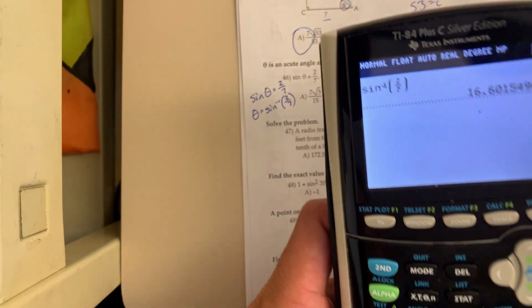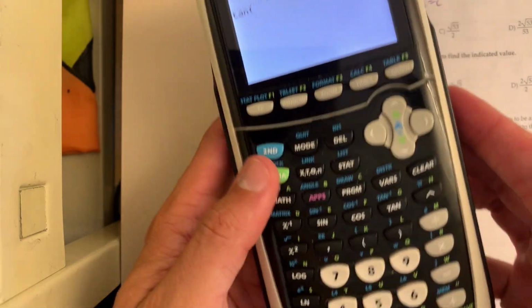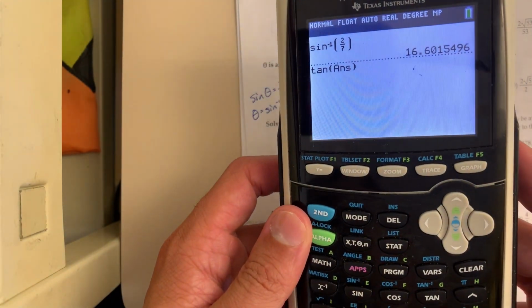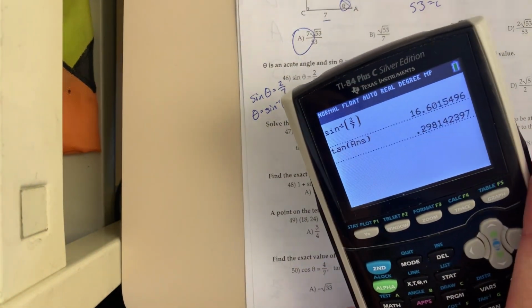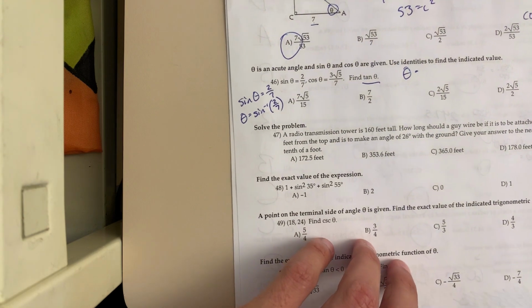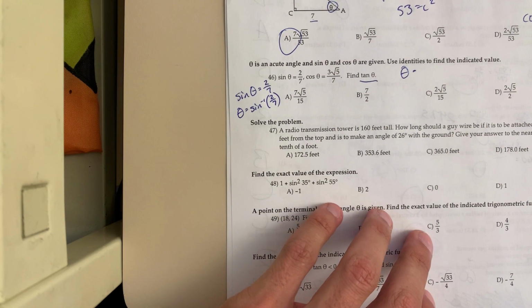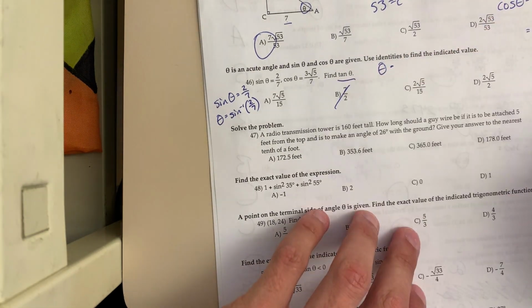Okay, and now I'm asked to find the tangent of that, right? So I can just do tangent and do second answer to get that exact angle in there. And so I get about 0.298. Okay, and again, now it's just figuring out, because I'm not told any of these are 0.298. So what you could do here, right, this is about 3.5, so that can't be it.